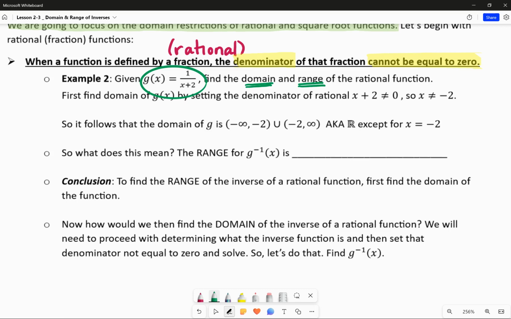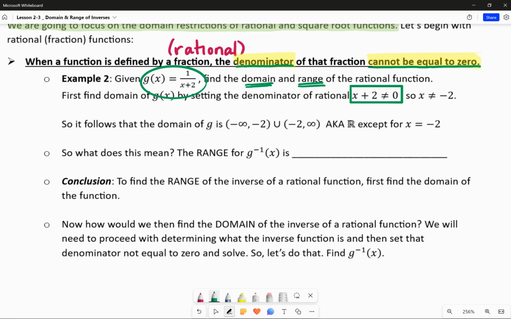So to find the domain of g of x, we want to make sure that we set the denominator not equal to 0. Okay, so notice that all I did was take the denominator value and set it not equal to 0, just like I had stated up here. The denominator cannot equal 0.